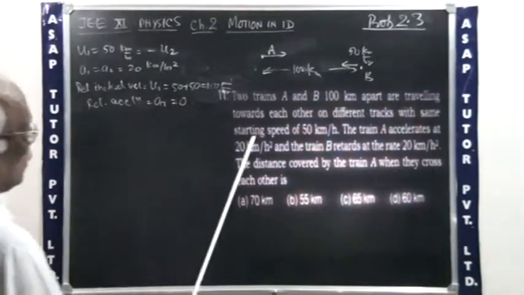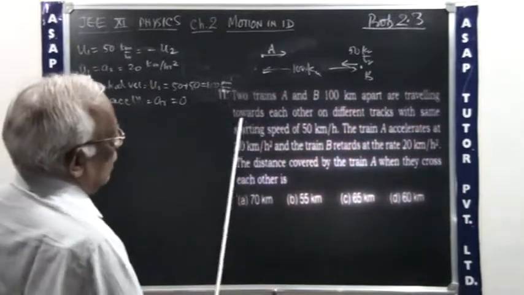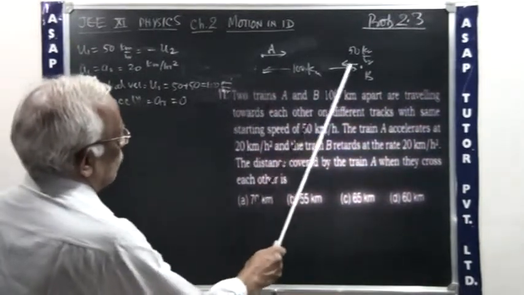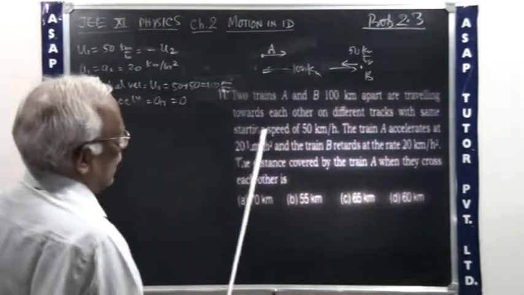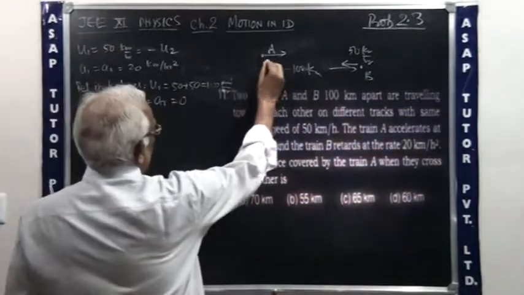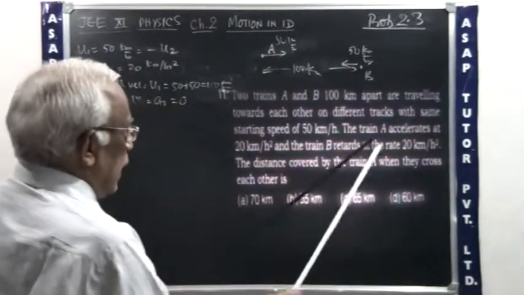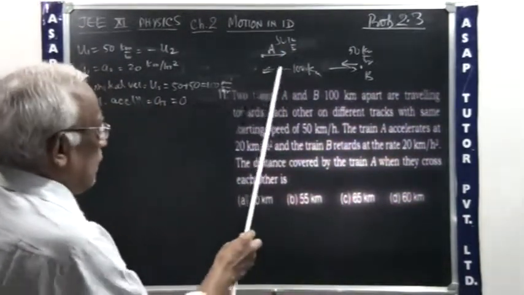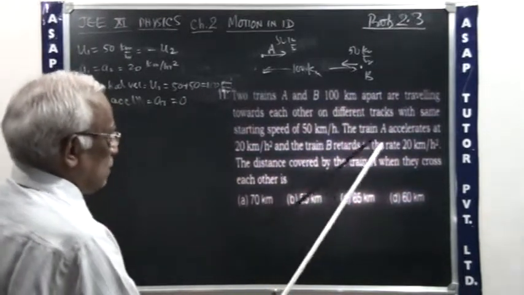Now, two trains A and B, 100 kilometers apart like this, are traveling towards each other. A is traveling this way, B is traveling this way, towards each other on different tracks with the same starting speed of 50 kilometers per hour, and this is also 50 kilometers per hour. The train A accelerates at 20 km per hour square, and train B retards at the rate of 20 kilometers per hour square.